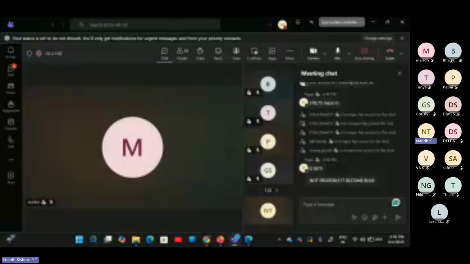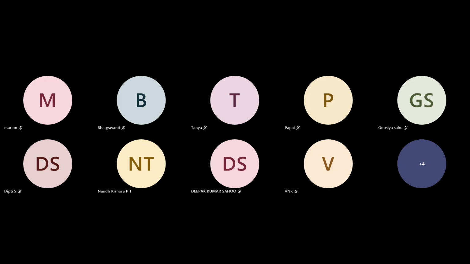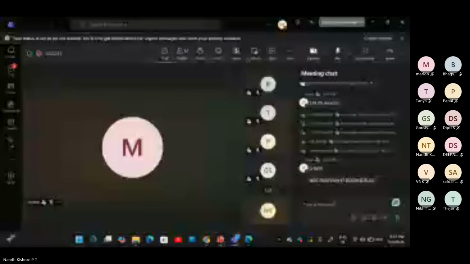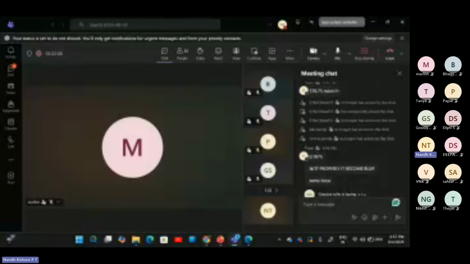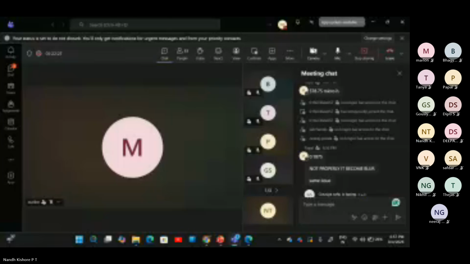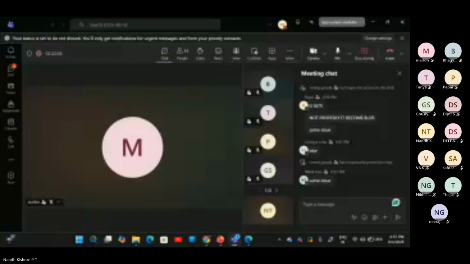So just hang on a second, then I will log out and log in once again. So now is my screen visible? Okay, okay. Just a second, I will log in once again then.